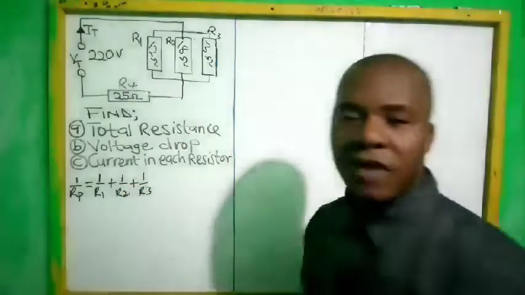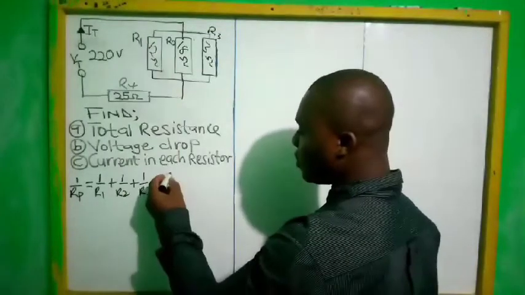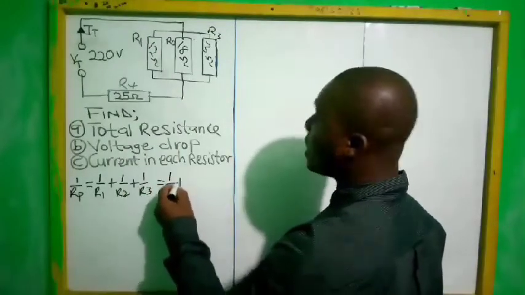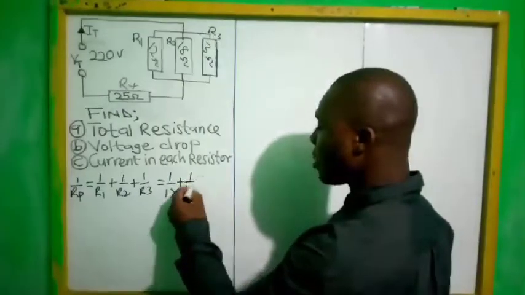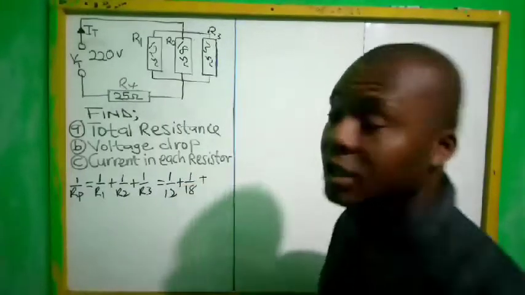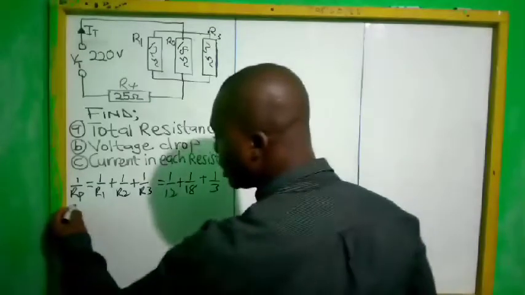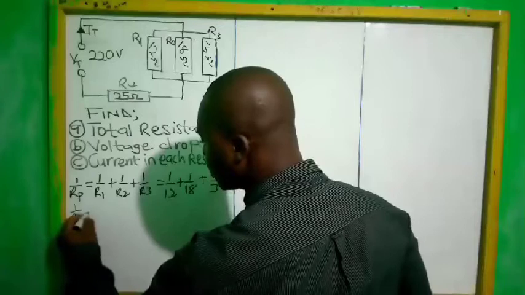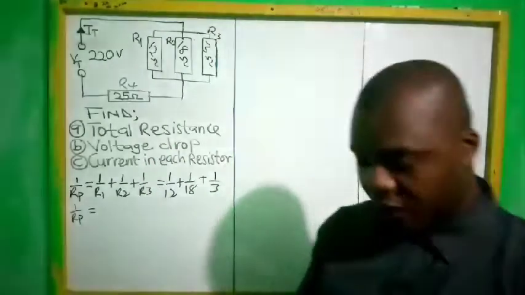Let's put the values there: 1 over 12, plus 1 over 18, plus 1 over 3. So here 1 over RP. Let's divide these and see what we have.